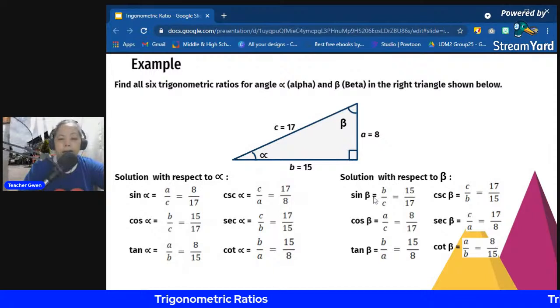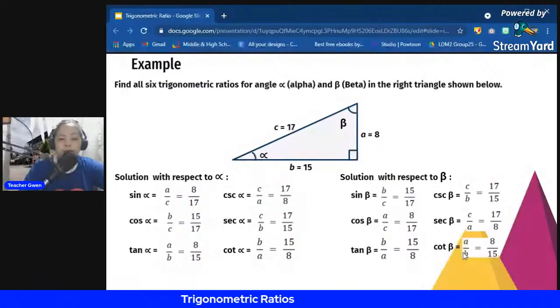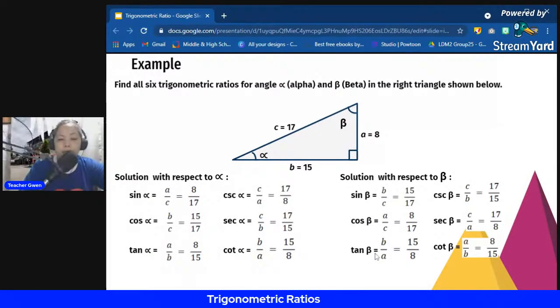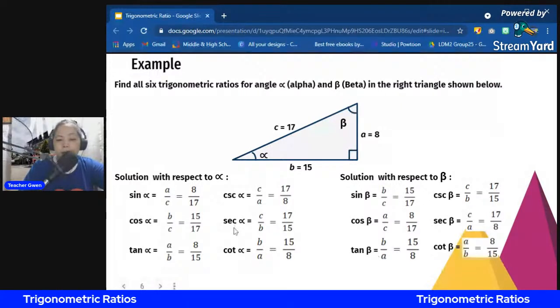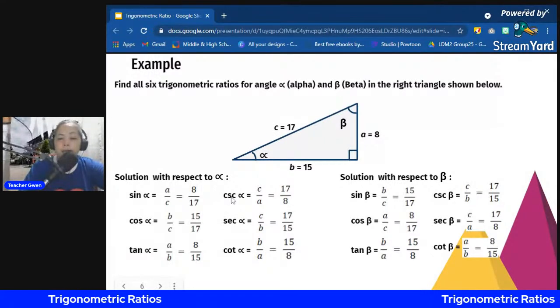Ang tangent alpha, mahimong cotangent beta. Ang cotangent alpha, mahimong tangent beta. Then, secant alpha is equivalent to the cosecant beta, and the cosecant alpha is equal to the secant beta.